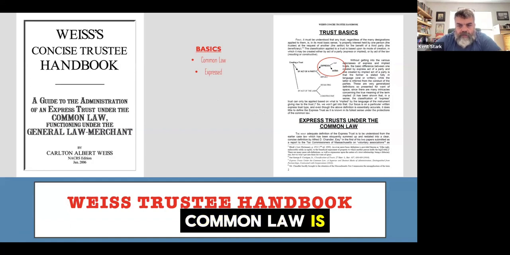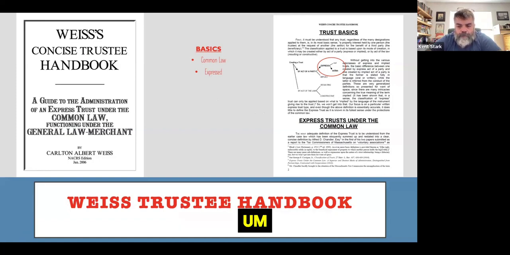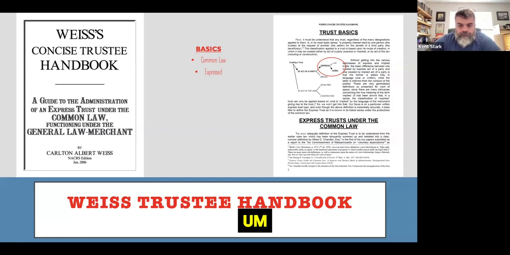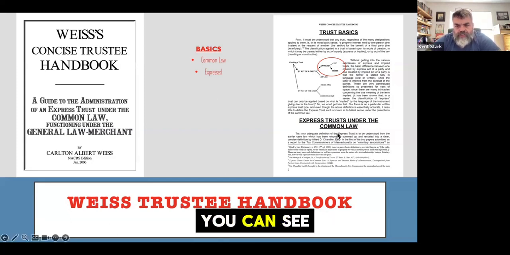Common law is basically the unwritten law, where we use court cases and rulings from court cases, which establish the law that we want to go by. Many countries use this common law.